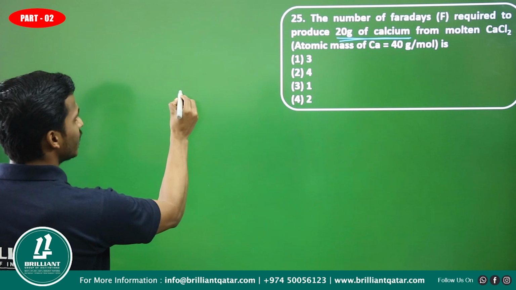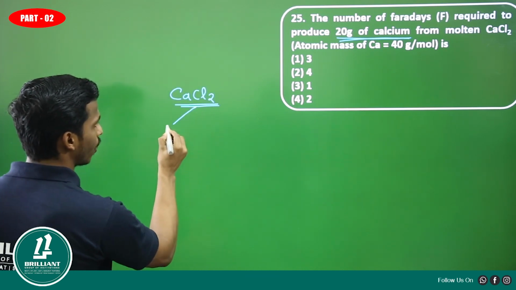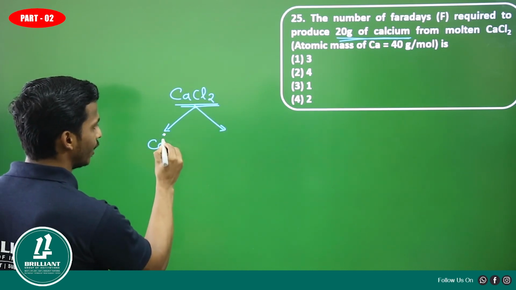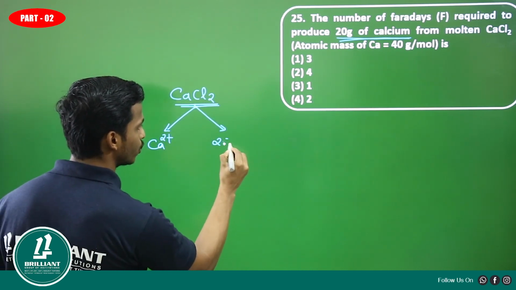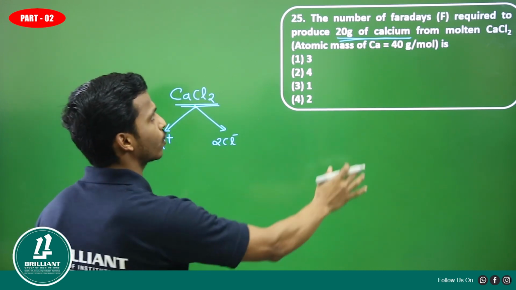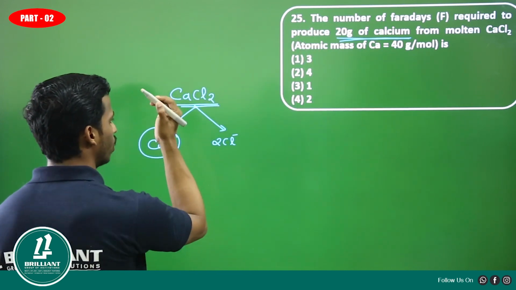See, what is calcium chloride? CaCl2. Calcium chloride on dissociation gives the ions Ca2+ and 2Cl-. Here we don't need Cl- because the question is related to the 20 gram calcium. We have 1 mole Ca2+.